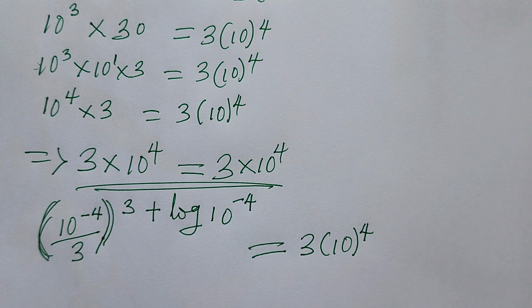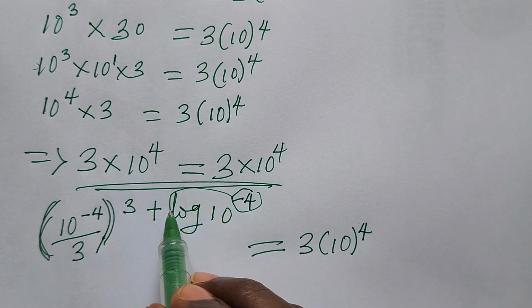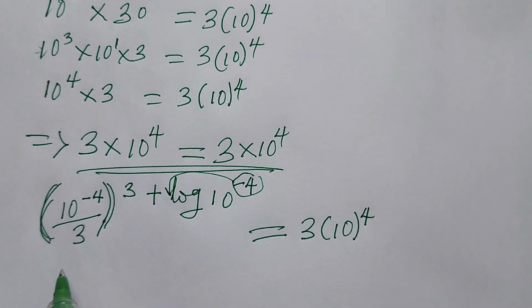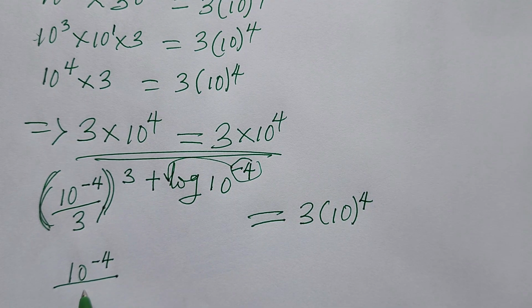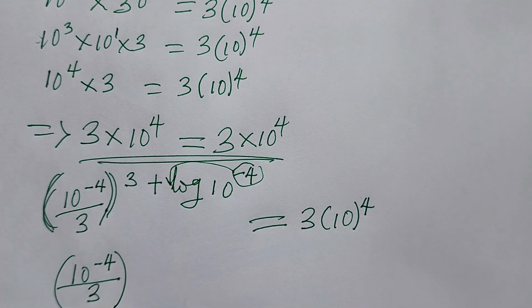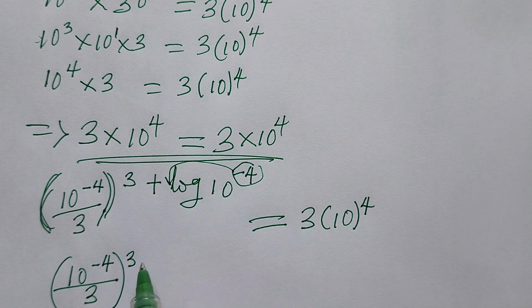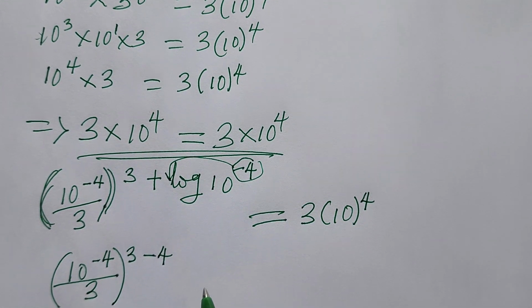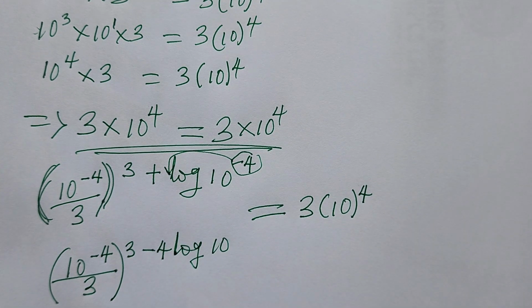Easy. Here we can apply the exponent law again. So if we do that, we'll have 10 to the power of minus 4 all over 3 all raised to 3. This minus will affect this plus to give us minus 4, then log 10.